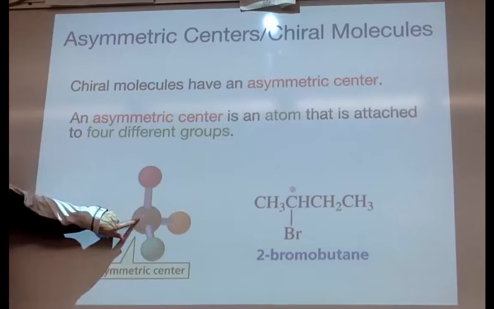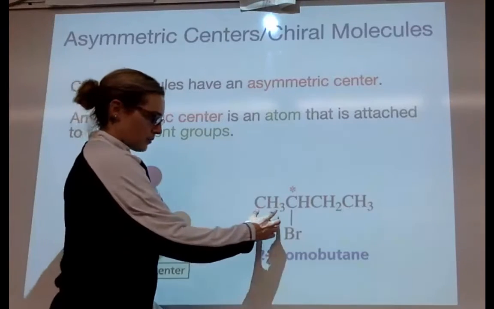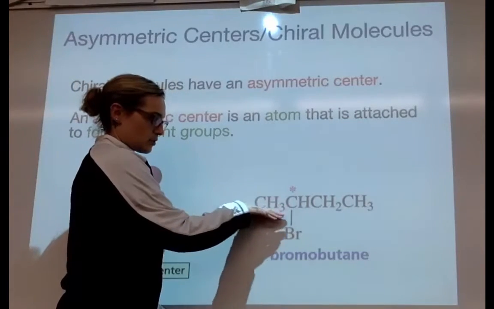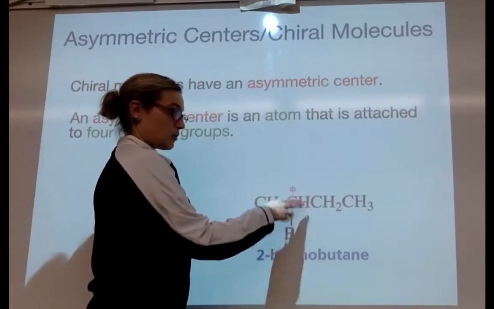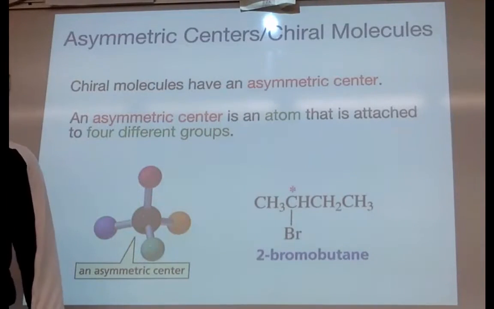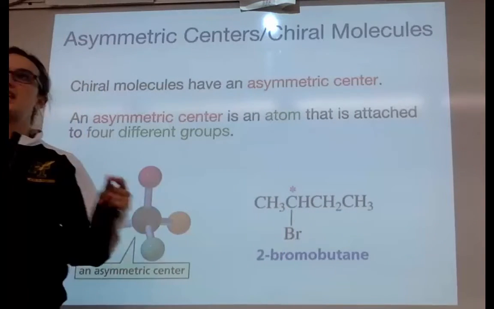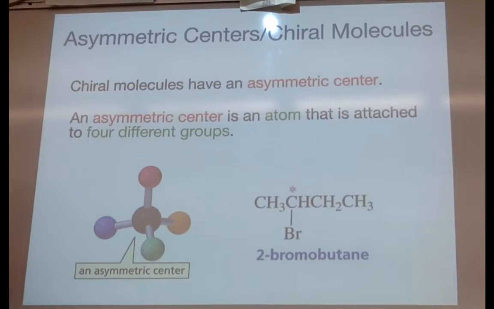And so when we look at this carbon, it's attached to 4 different groups. That's a chiral center. When we look at 2-bromobutane, this carbon is connected to a methyl, a hydrogen, an ethyl, and a bromo. Those are 4 different groups. That makes this a chiral center, and you see it designated with that asterisk. Tells us that it's a chiral center.